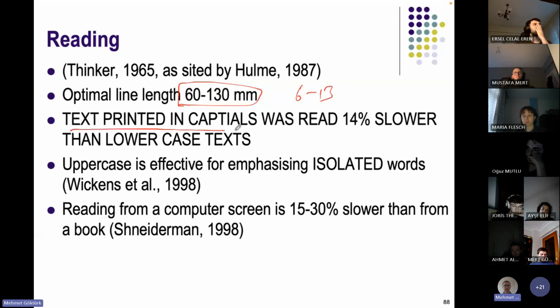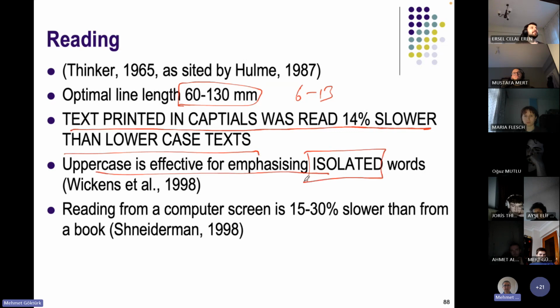Text printed in capitals was read 14% slower than lowercase text. This is important. So uppercase is more difficult. Uppercase is effective for emphasizing isolated words. If you want to emphasize something isolated, or if you want people to read slower or pay attention, then make it uppercase.